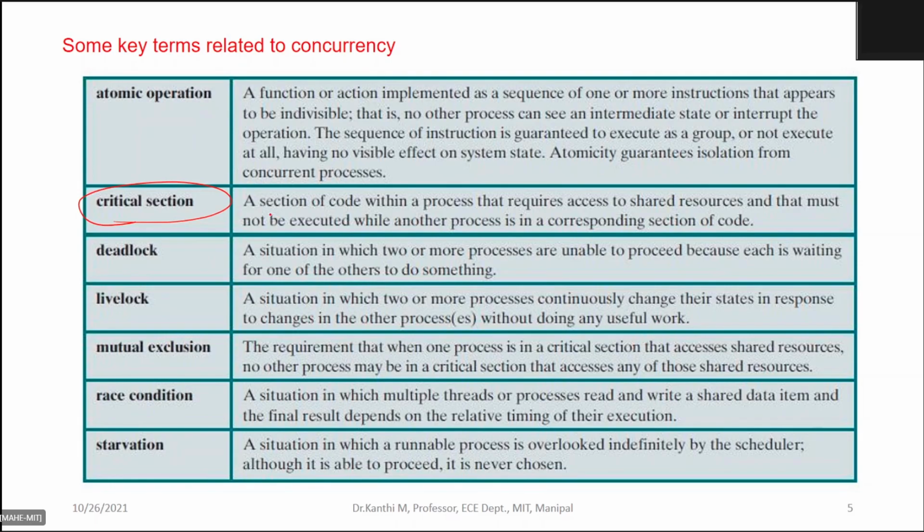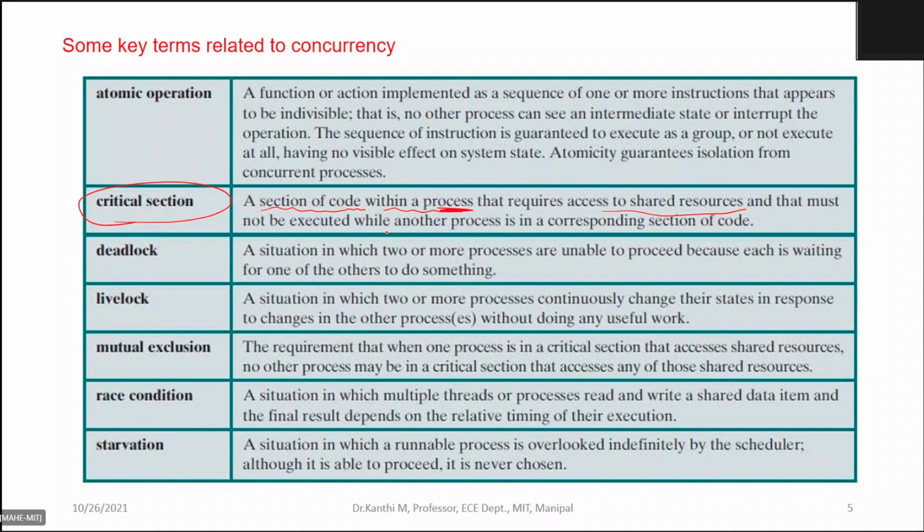Say a resource is nothing but your memory code. So what is a critical section? A critical section is a section of code within a process, please note, a code within a process, which requires access to shared resources and which must not be executed by another process in the corresponding section of the code.